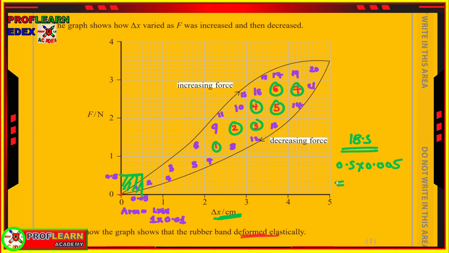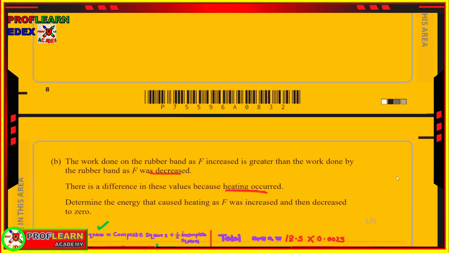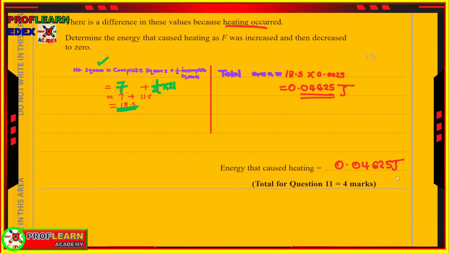If you work it out, 0.0025 joules for 1 square, then times this value that we have. And that is basically what I've done below here, so that we could get this value.